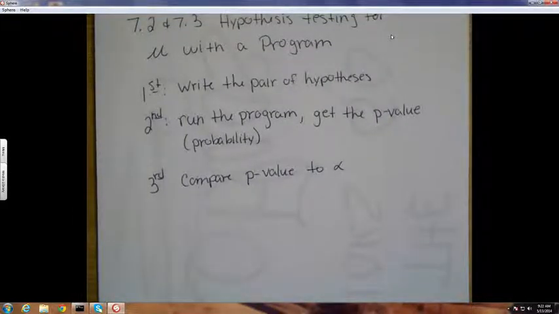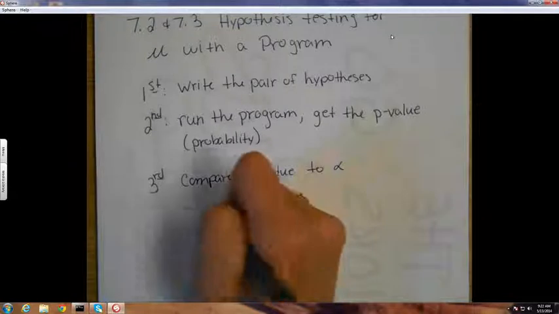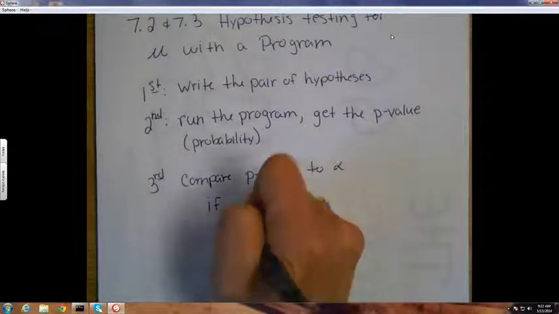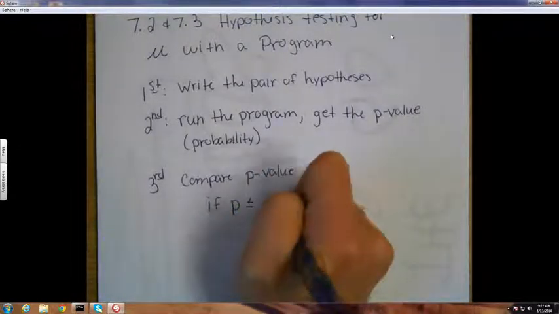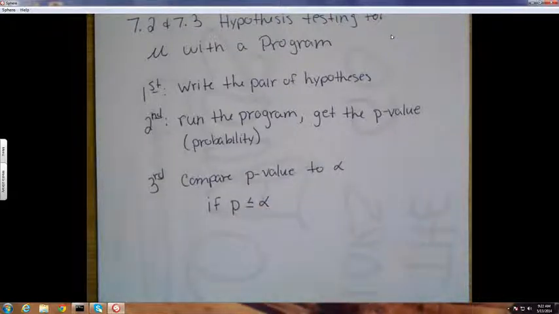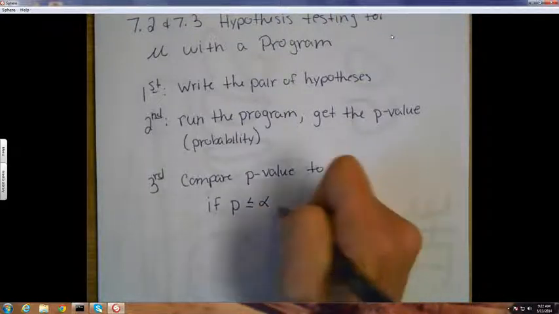And this is the rule. If the calculator p-value is less than or equal to the alpha, you will reject the H-naught.